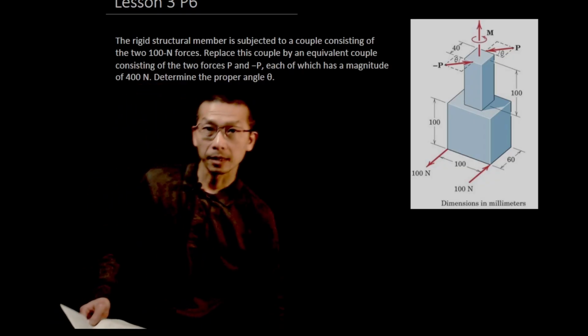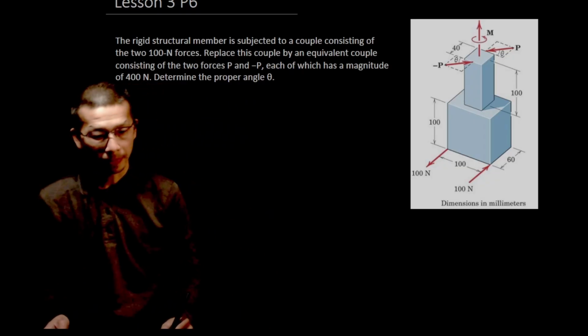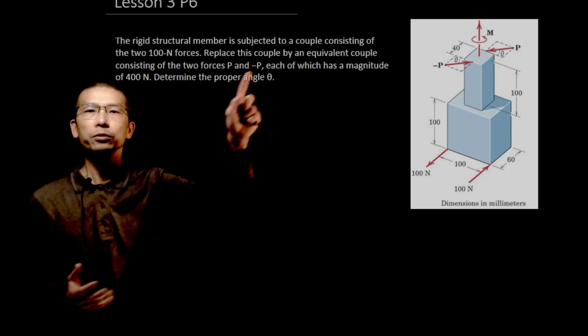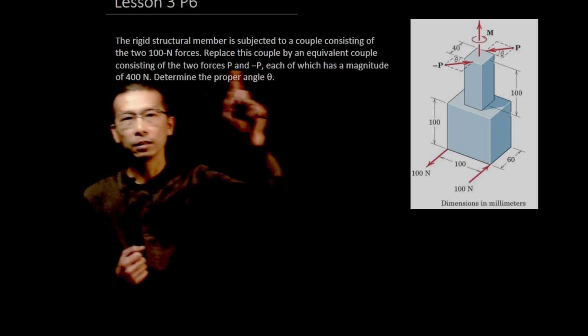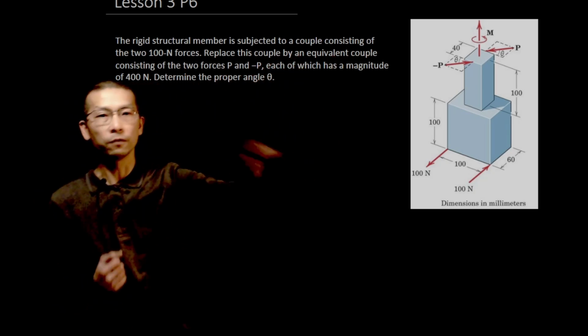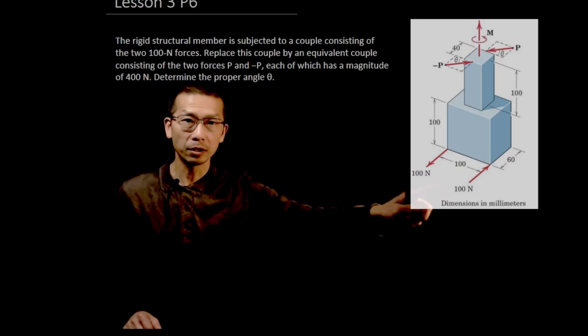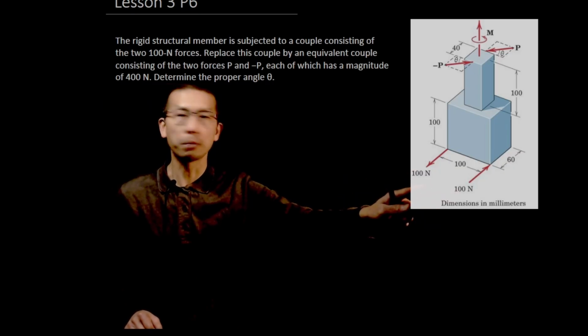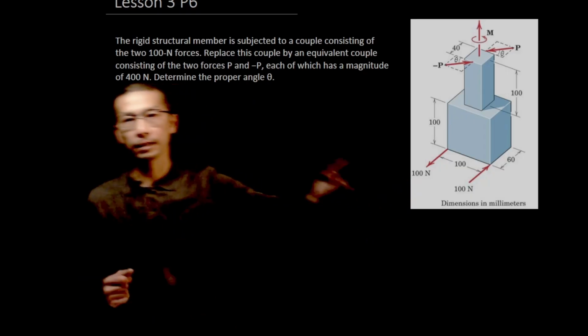All right, let's try this example here. The rigid structure member is subject to a couple consisting of the two 100 Newton forces. They are here, the 100 Newtons and 100 Newtons. Those are the positive and negative F, right?